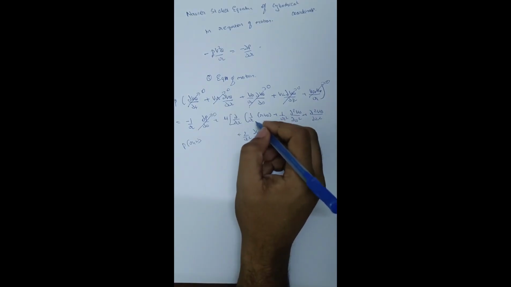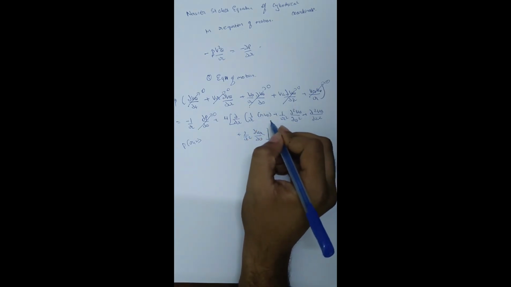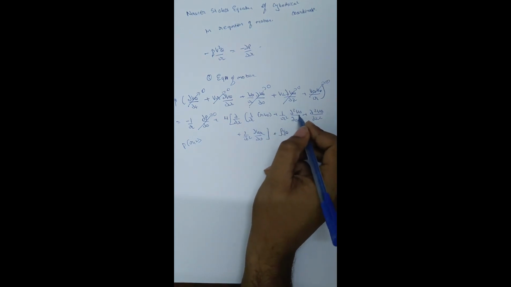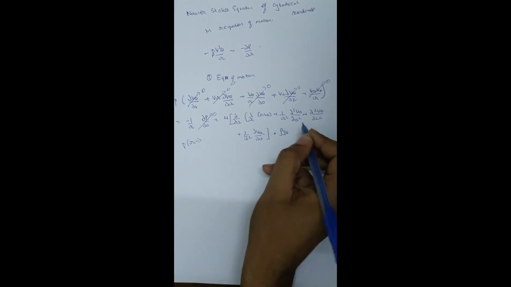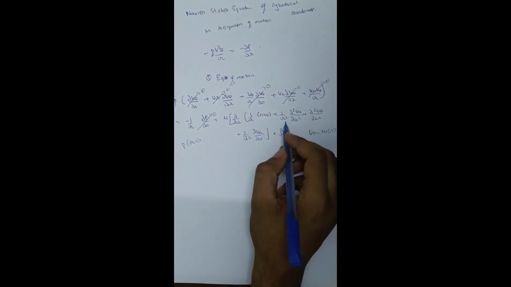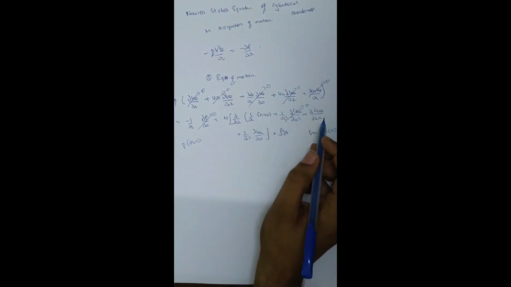Now coming over here, the term d/dr of (1/r) d/dr(r vθ) is going to be non-zero. Plus 1/r² ∂²vθ/∂θ²: we know that vθ is a function of r, not a function of θ, so this term is also going to be 0.